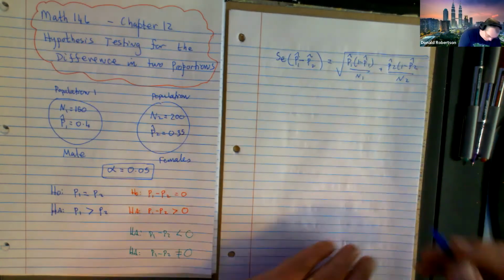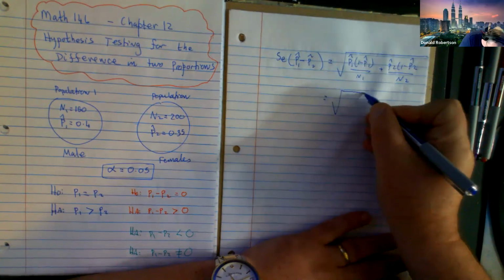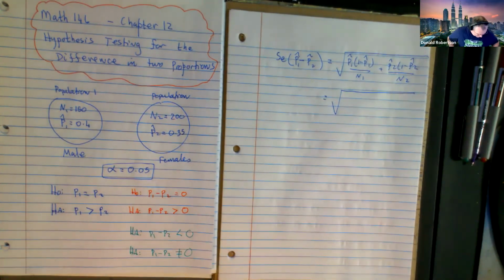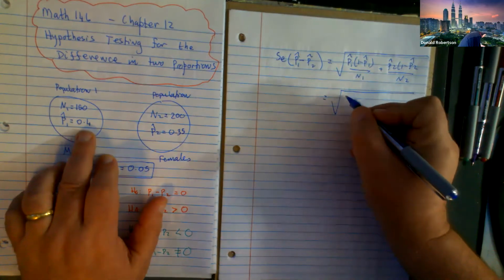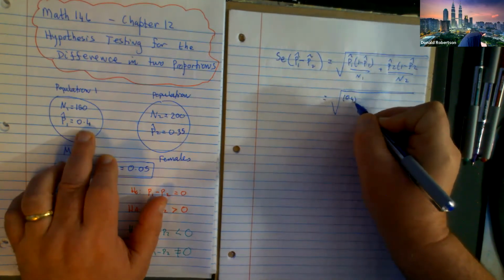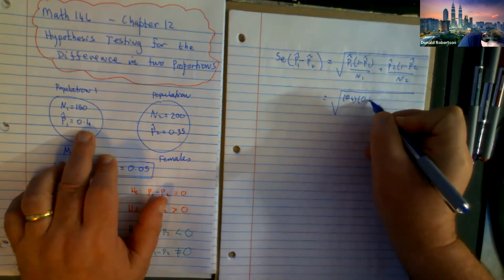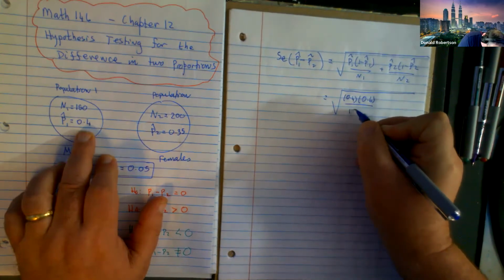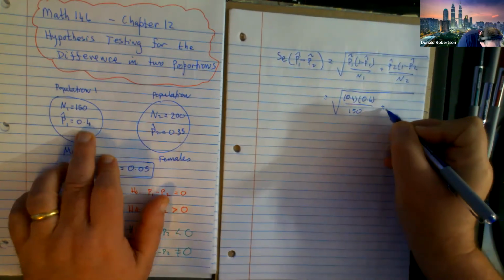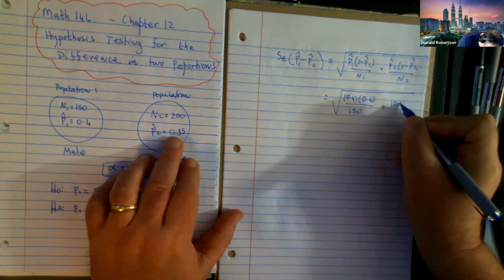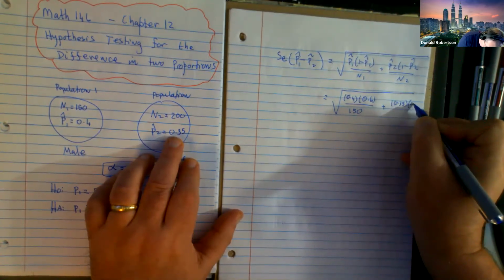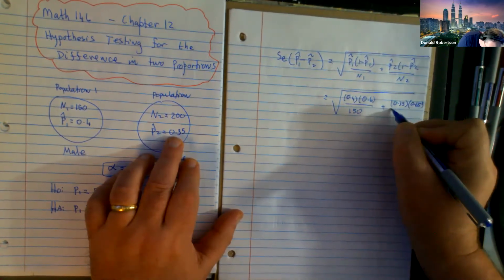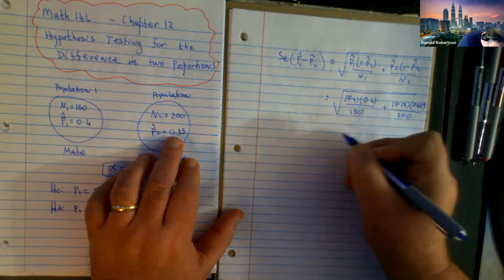So in this story, we're taking you through the whole number crunching process, but in general, we are not going to do it this way. We're going to let Salt do it because it's much more efficient. So P1 is 0.4, 1 take away P1 is 0.6, and that was the 150 guys you asked. And then for the females, it was 0.35 times 0.65, and you asked 200 of those.